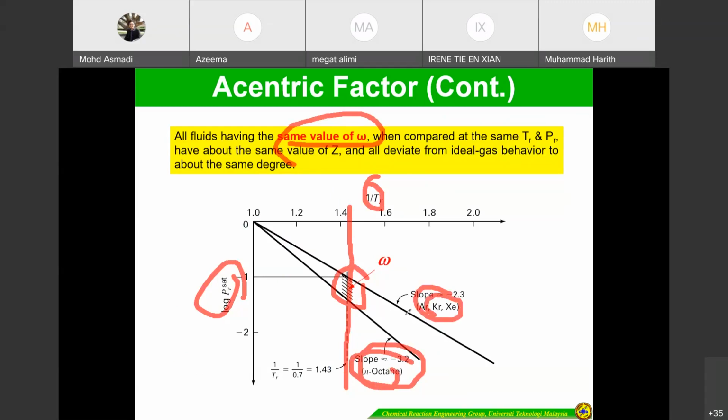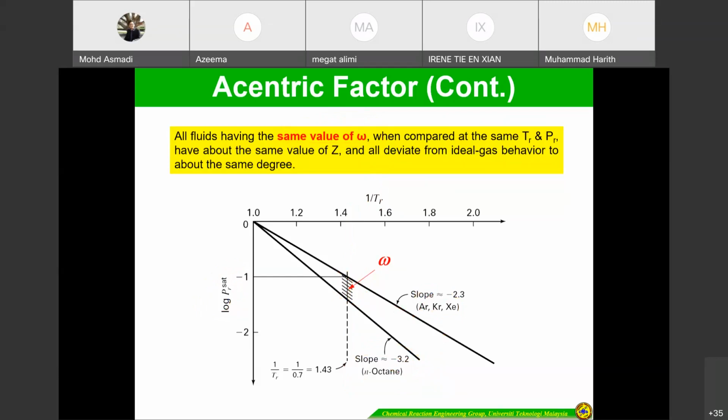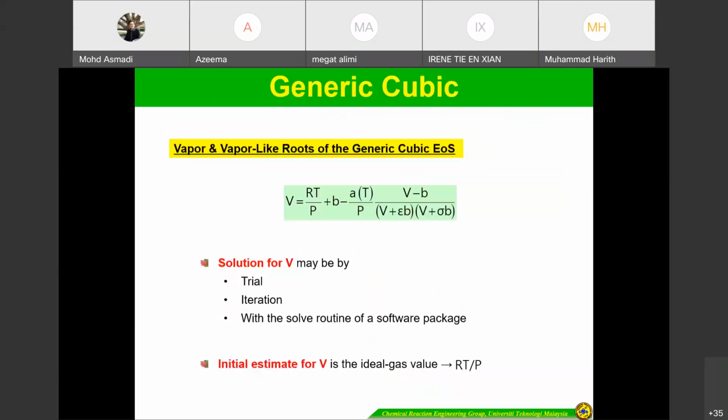Argon, krypton and xenon are up here, but others deviate a lot, so you need the omega. That's why we need to use Peng-Robinson as well as Soave-Redlich-Kwong, or other thermodynamic equations. Understand?